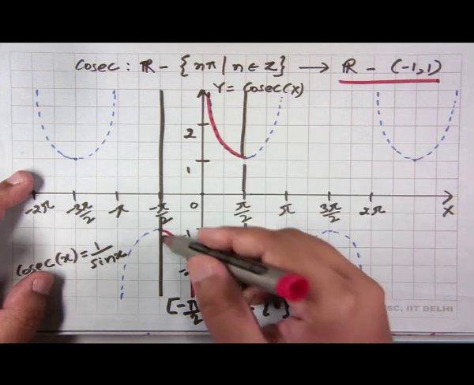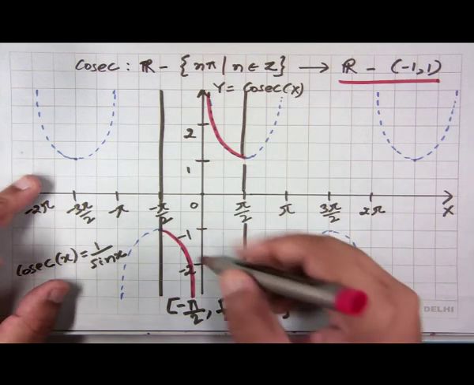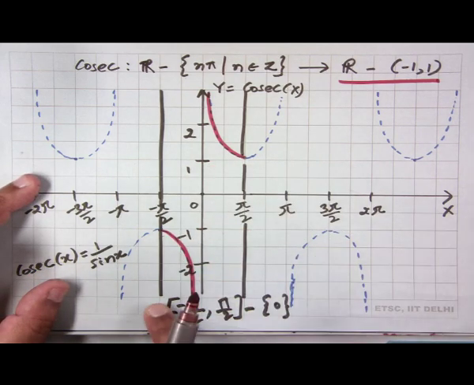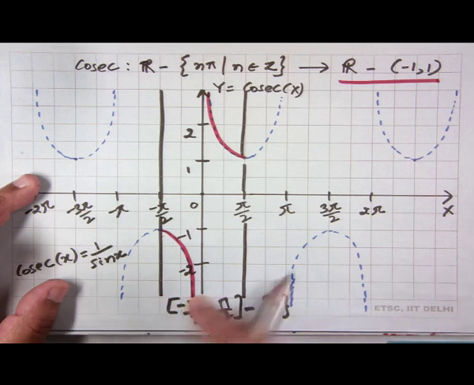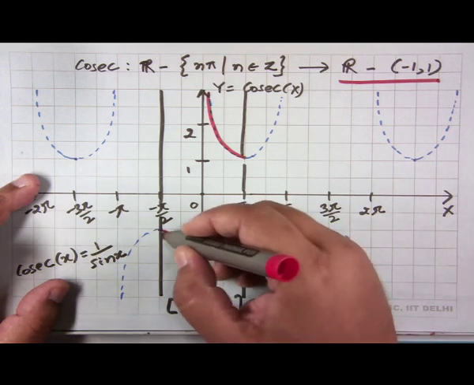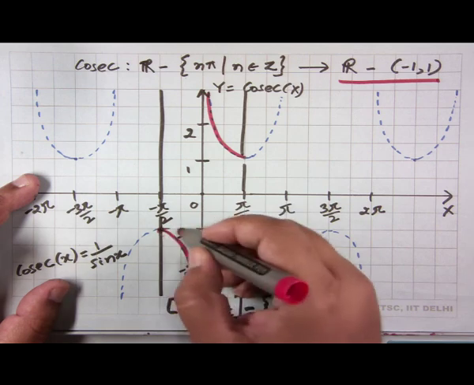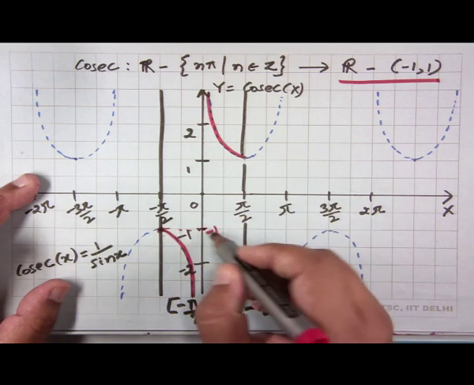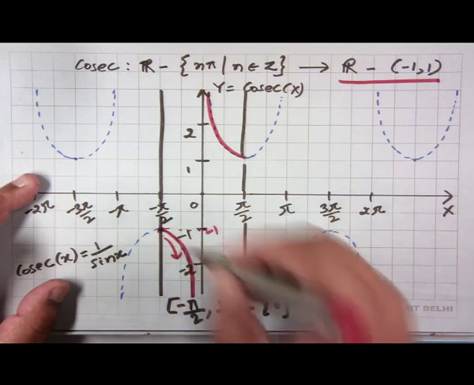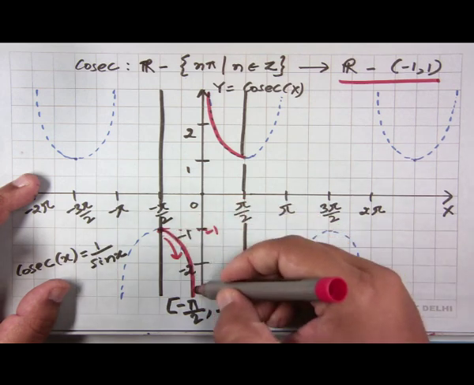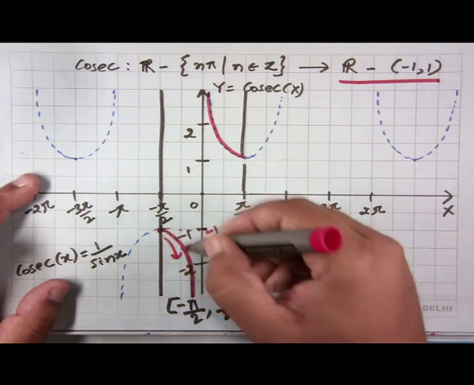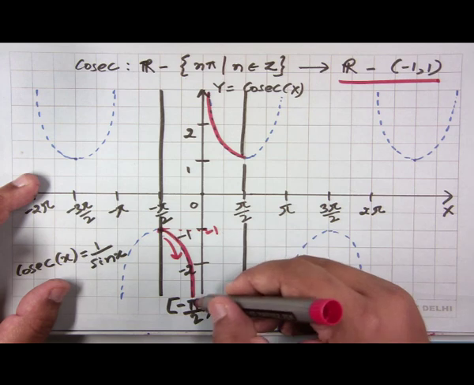but apart from this range of values, it does take all other possible values, because for the interval between minus pi by 2 and 0, if we start from here, so this value over here is -1, and if we go like this, then we see that the curve is continuous, and starting from -1 it goes all the way till -infinity.